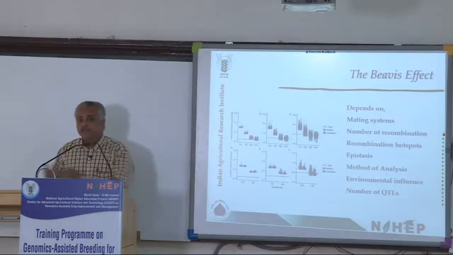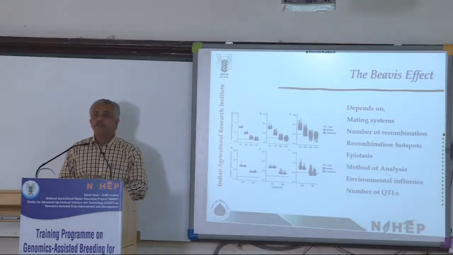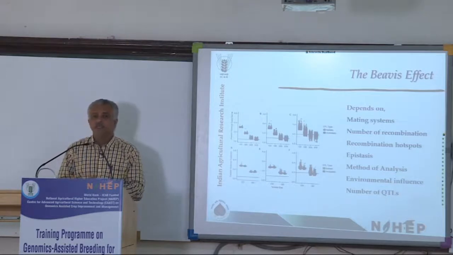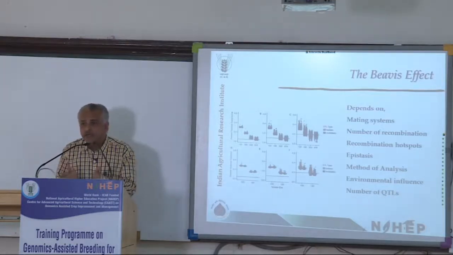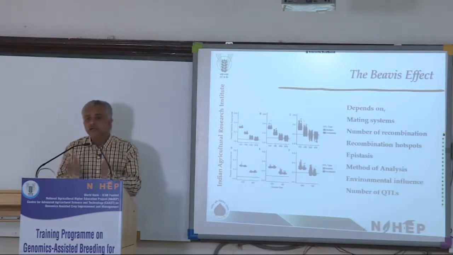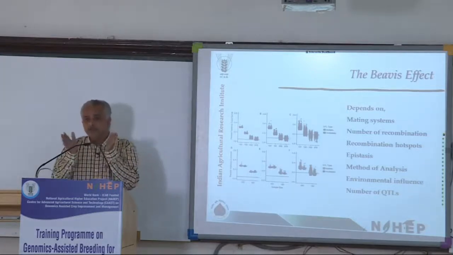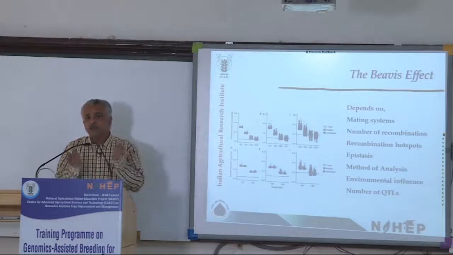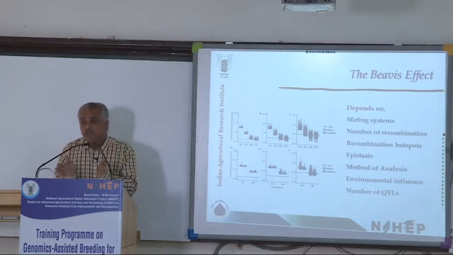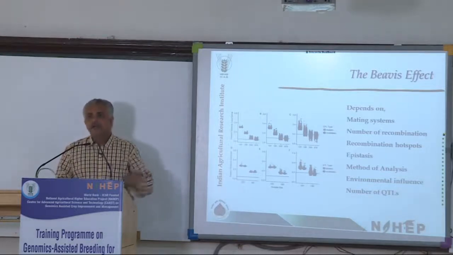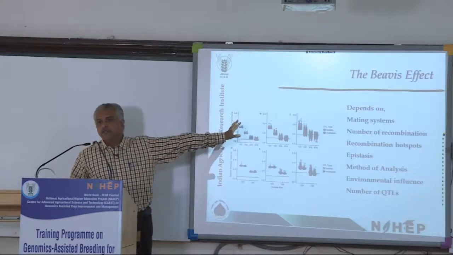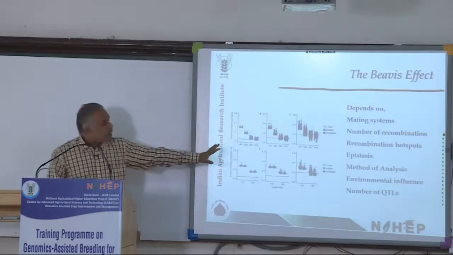Beavis found in his simulation study that if you use 100 individuals, the QTLs are overestimated. If you use 500, it is slightly better, and if there are 1000 individuals, the QTLs are more realistic. That is what the Beavis effect is in his paper.